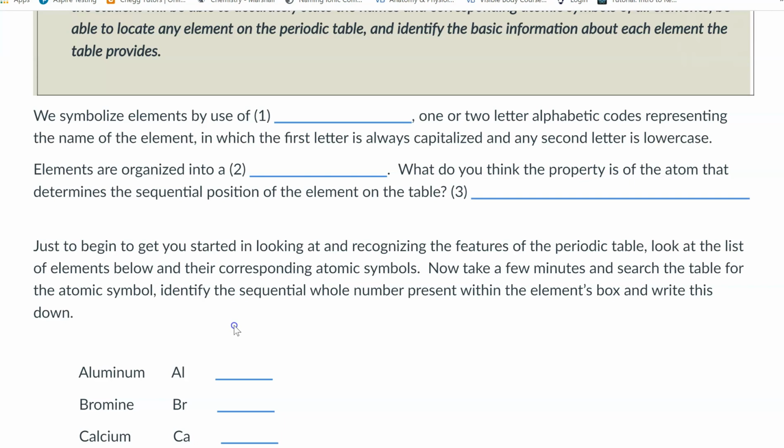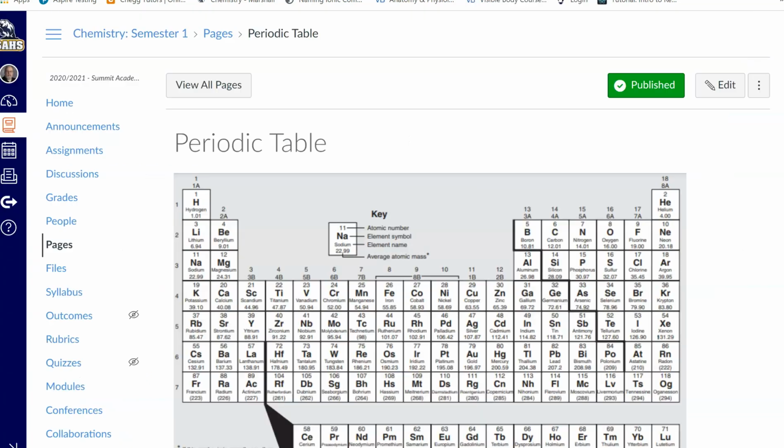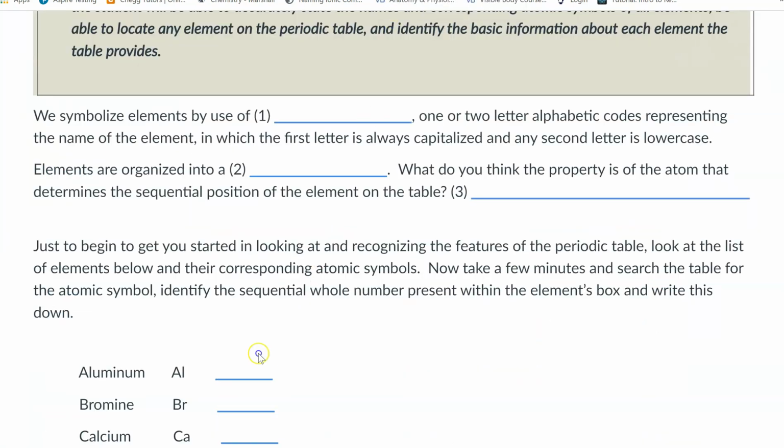You've got a periodic table at your disposal. Again, this is over here, and when you finish writing all those down, come back to the video and we'll go through this together. So I'm going to go ahead and pause the video and let you do that.